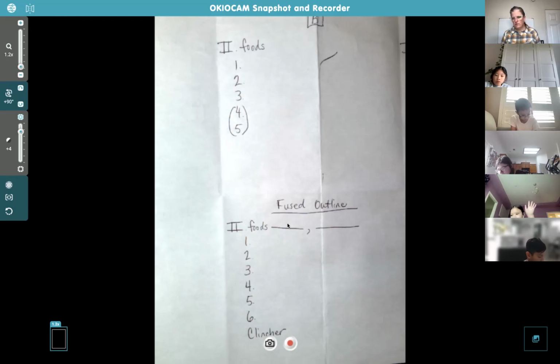Sydney? On number C on sugar plastic, it doesn't say food on the side. Are you writing about the foods? Okay. C. Oh, it's on page 117 at the bottom.